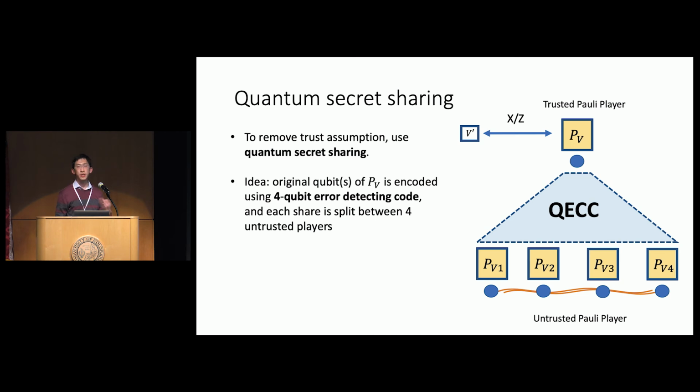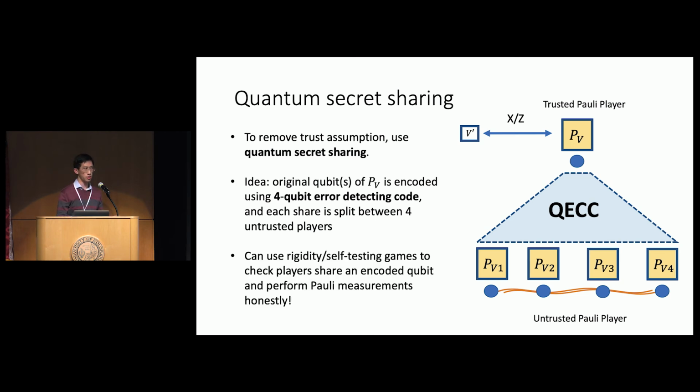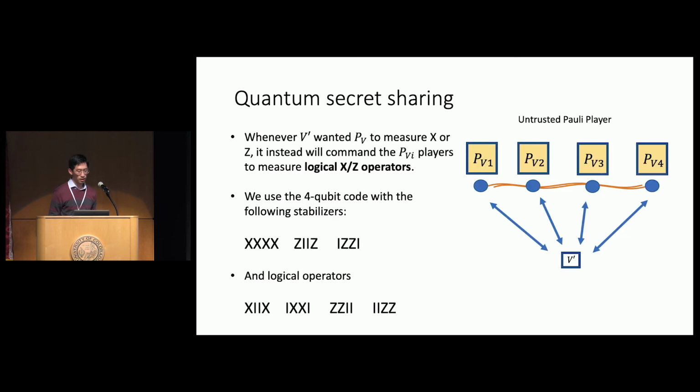Okay. And now you can get rid of this assumption for trust because you can use these existing rigidity theorems in self-testing results to ensure that these players not only perform poly measurements correctly, but they in fact do share a state that's encoded using the code you wanted.